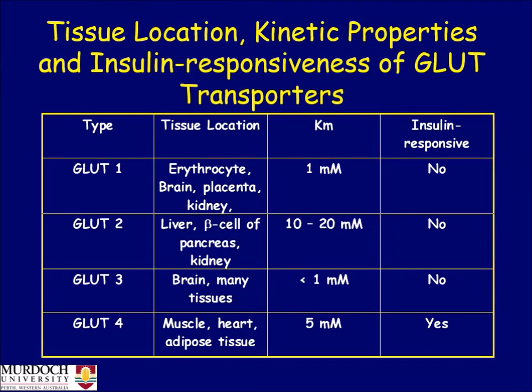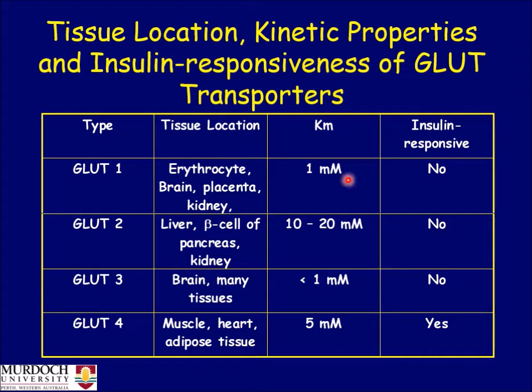The table you can see here shows 4 of the main GLUT transporters: GLUT1, GLUT2, GLUT3, and GLUT4. These GLUT transporters are expressed at differing levels in differing tissues, and you can see that listed in this column here. Now, as I said, the kinetic properties of these transporters differ, and you can see that in the column listing their Km values.